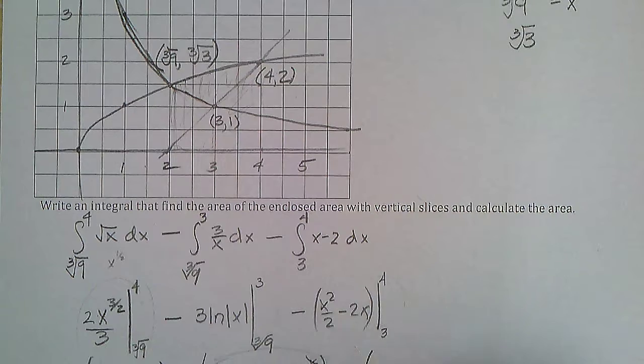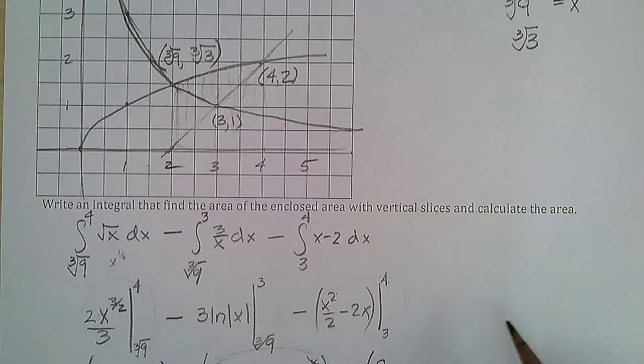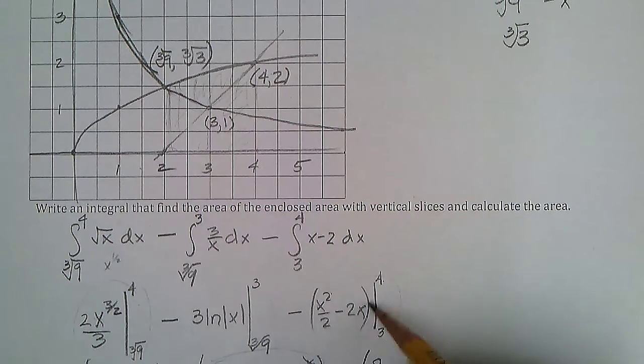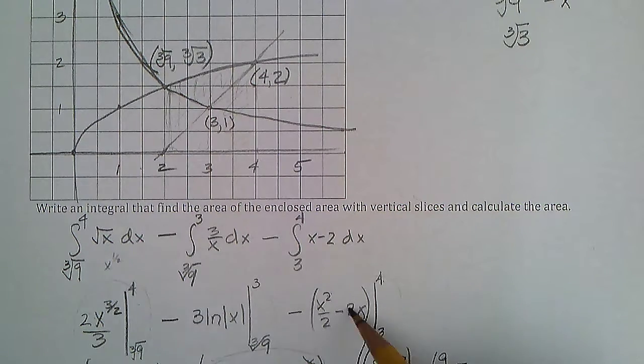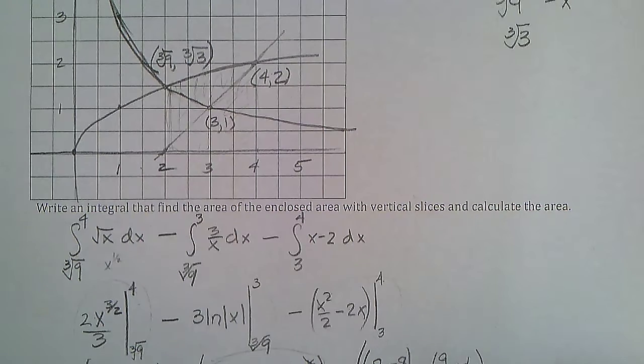minus 4 squared is 16 divided by 2 is 8, and minus 8, so that part is gone, minus 9 halves minus 6.